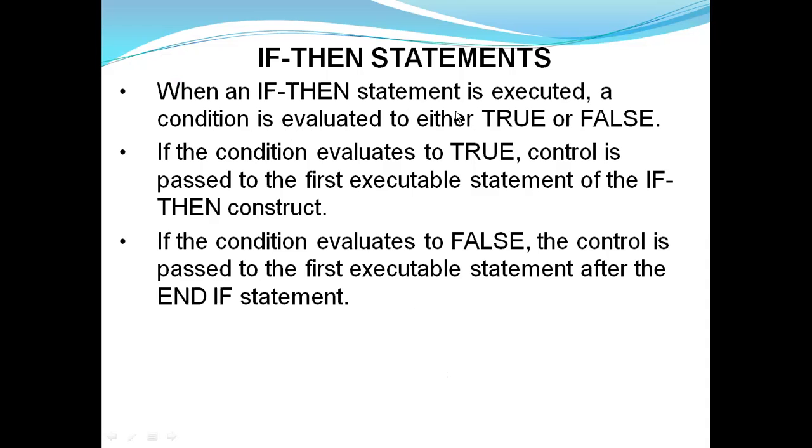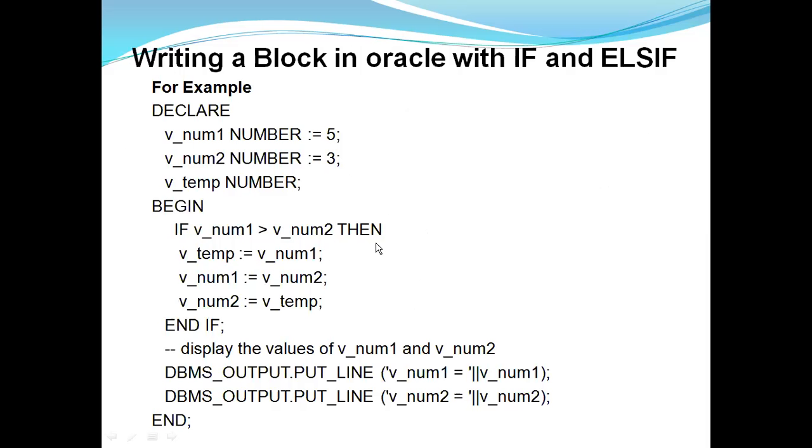When an if statement is executed, a condition is evaluated to either true or false. If the condition evaluates as true, control passes to the first executable statement of the if then construct. If the condition evaluates to false, control is passed to the first executable statement after the end if statement. Now here I have shown you one example. Declare: three variables are declared, Venum1, Venum2, Vtemp. Begin.